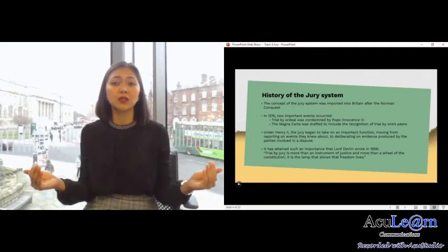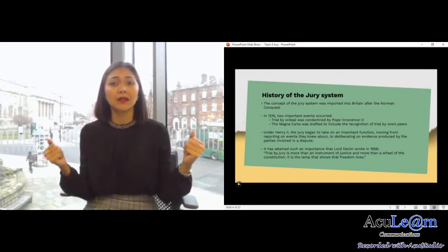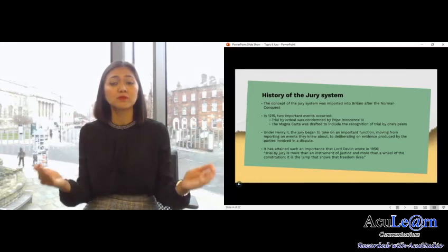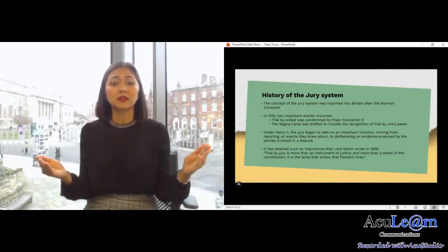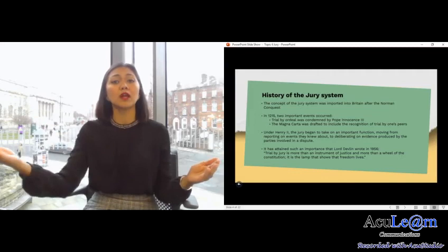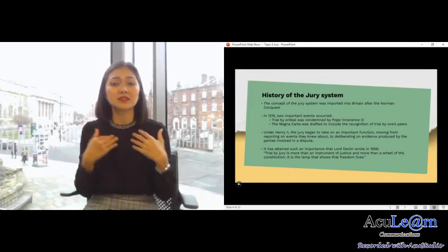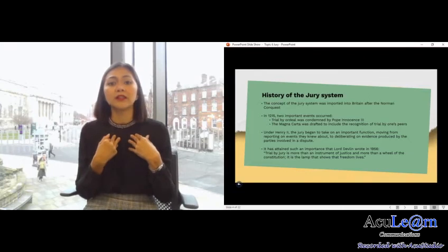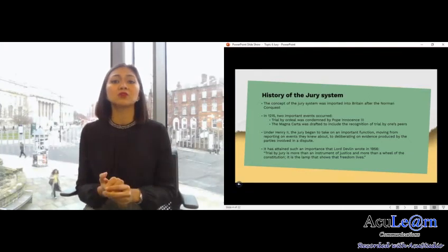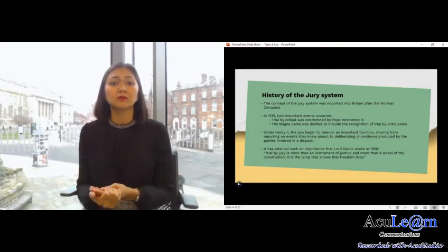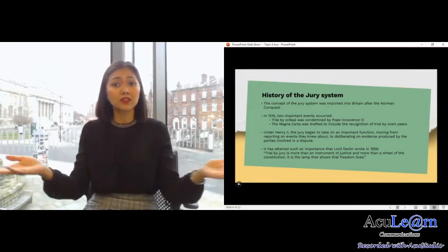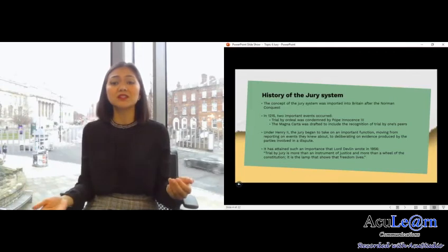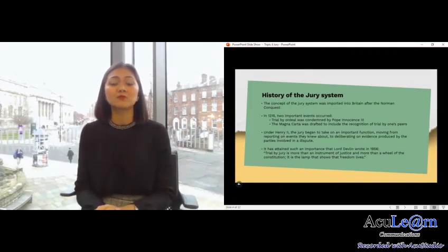So no longer were people tortured, but the accused were given the opportunity to call up their neighbors and family members to testify on their character, that they are a good person. Under Henry II, the jury began to take an important function, giving evidence on what they knew of the surrounding characteristics of a person, and deliberating on evidence produced by parties with regards to the dispute.